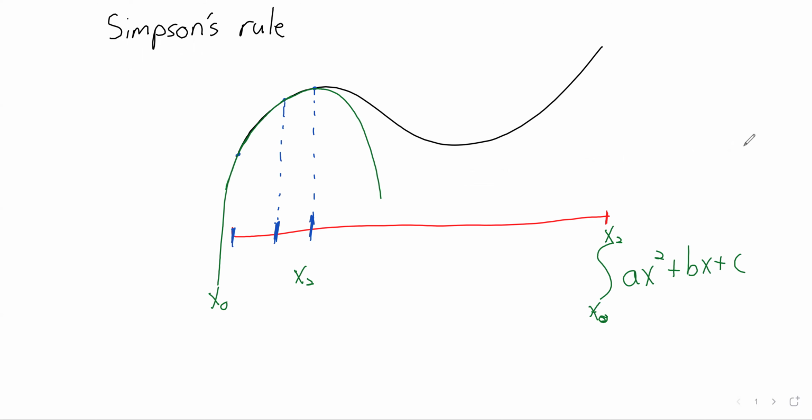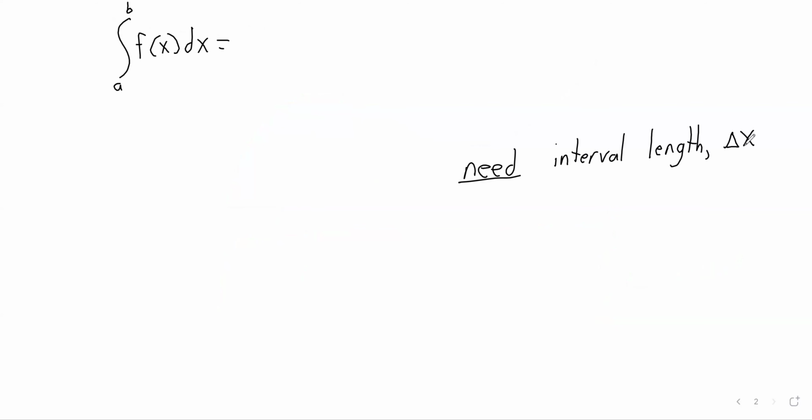So this is not something that would ever make sense to do by hand. So we need this simplification for our formula to come through and to be nice to use. The trapezoidal rule has a delta x over 2. Simpson's rule has a delta x over 3.